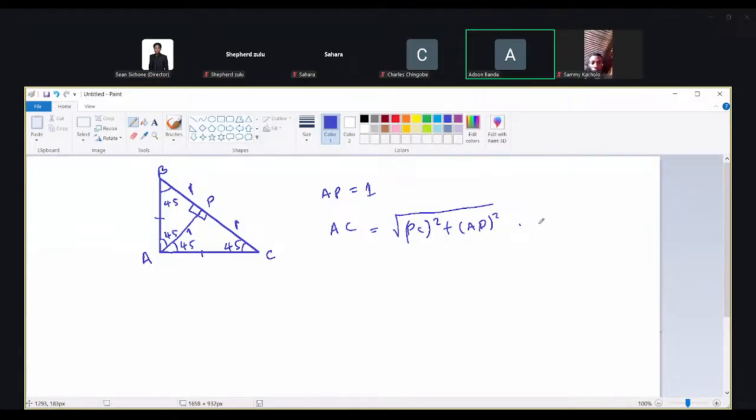So that gives us the square root of 1 squared plus 1 squared, which is the square root of 2. So this is root 2, and similarly, that one is root 2.